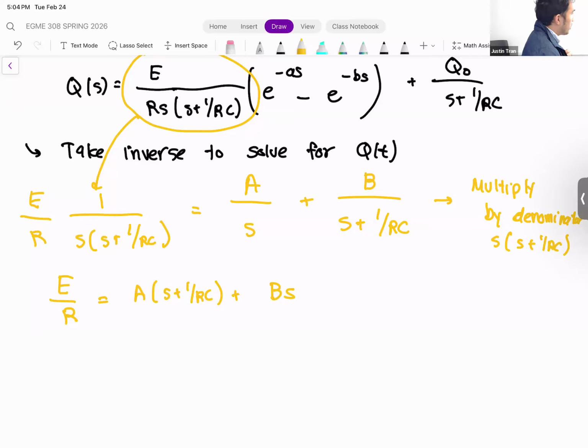Just like the last example, let's distribute and then group like terms. So we have E over R is equal to, we have two s terms, and so we have s times A plus B, plus A over RC.